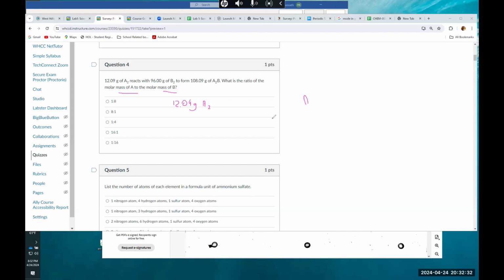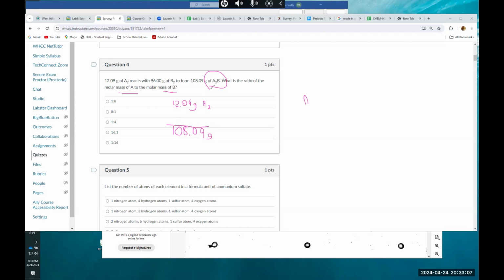So if our total compound is called A2B, that's going to be our total. And we know that altogether, this is 108.09 grams.